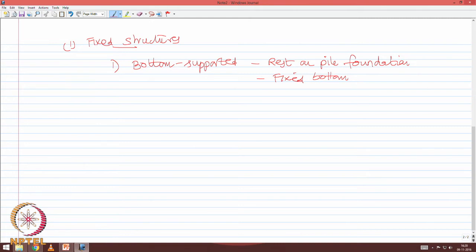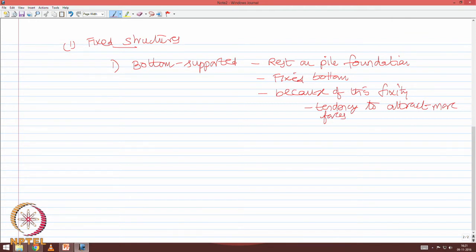Because of this fixity, the structure will have a tendency to attract more forces.